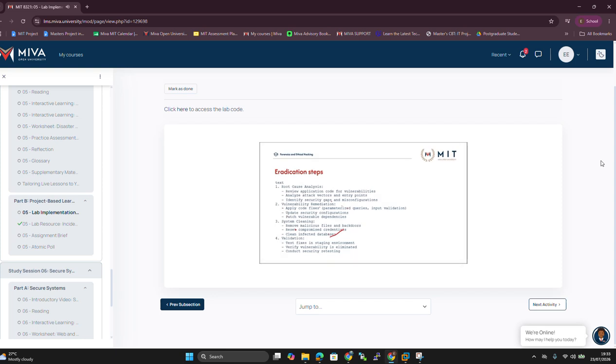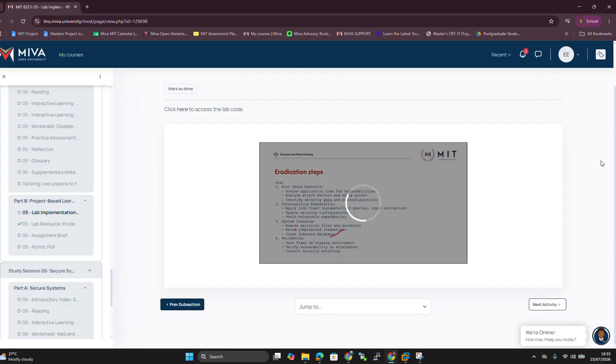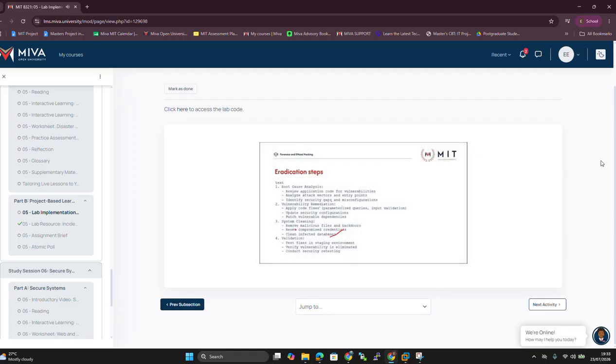Then in step two, you apply vulnerability remediation by applying code fixes, which we did in the previous lab. And then step three, system cleaning: remove suspicious files and backdoors, reset compromised credentials, and clean affected databases.